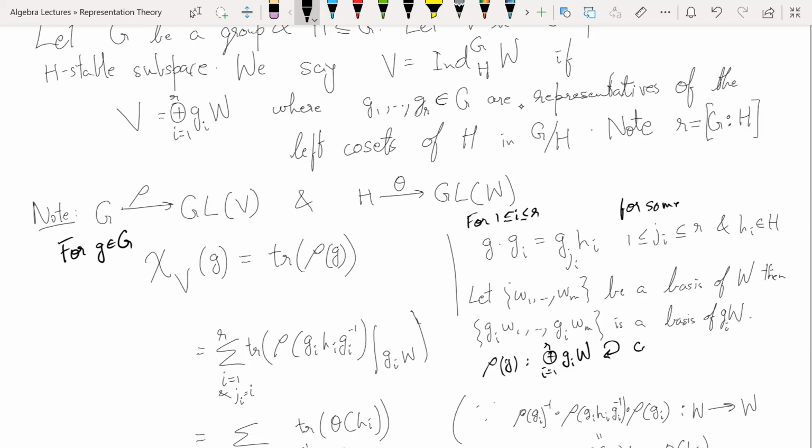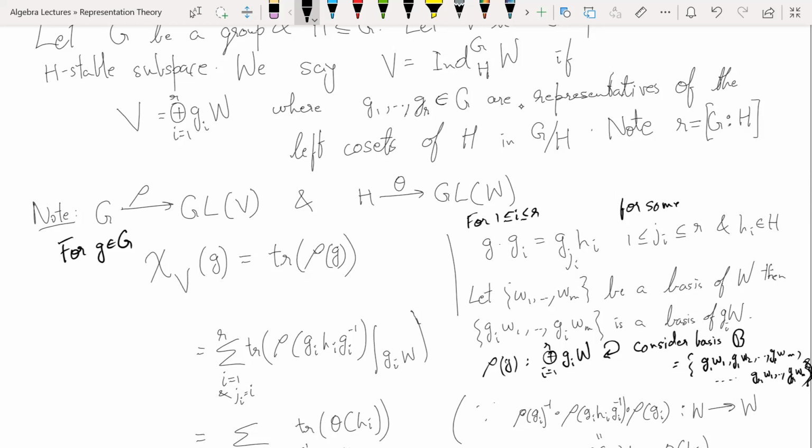And consider the basis B to be g_1w_1, g_1w_2, and so on, g_1w_m, and so on, g_rw_1 to g_rw_m. So we are trying to compute the matrix with respect to this basis and then compute the trace.